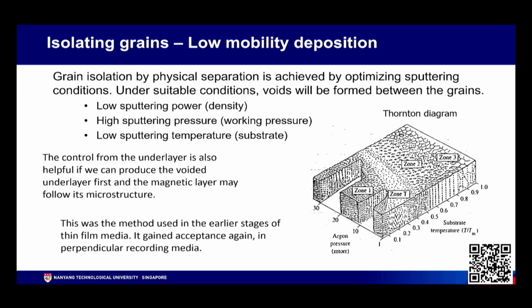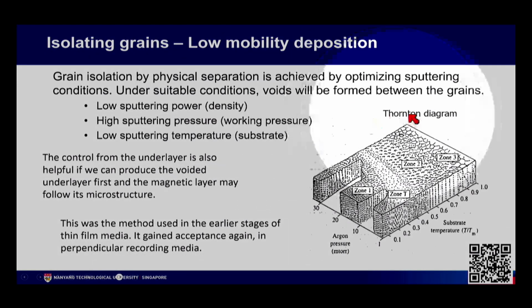In perpendicular recording we can do this also, but we can also employ another technique based on something called the Thornton diagram. This scientist, I think 50 years ago, came up with this diagram.